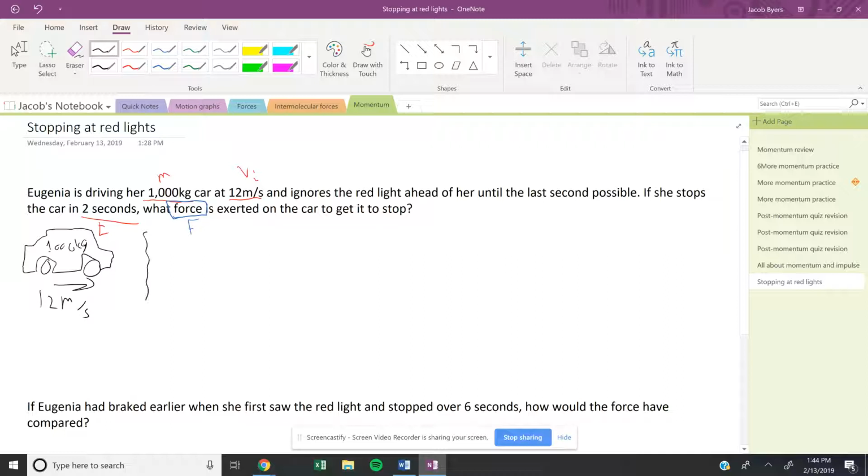Then after some time, we have the car stopped. That is our final velocity, of course. Sorry, I missed that the first time around. So our final situation is, oh wow, guys, there's a reason I'm a science teacher, not an artist, but here we are. The car is still 1,000 kilograms, and our velocity is now 0 meters per second, of course.